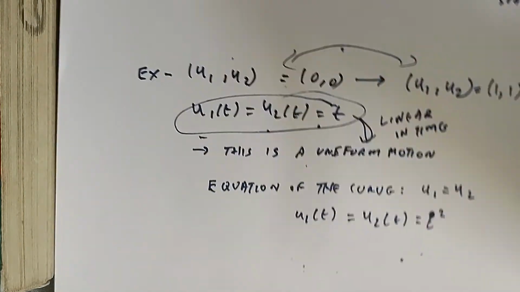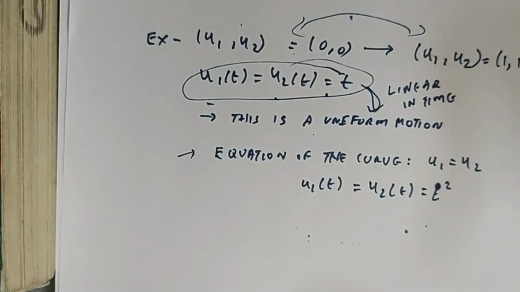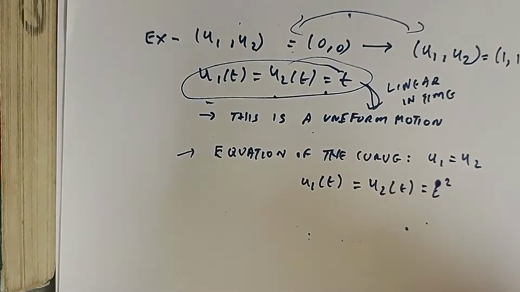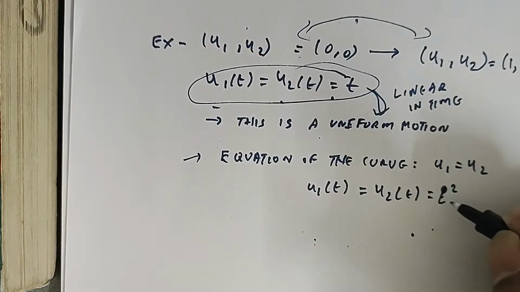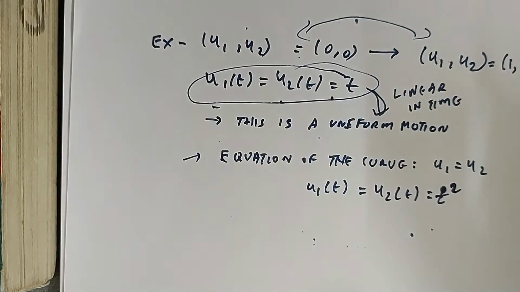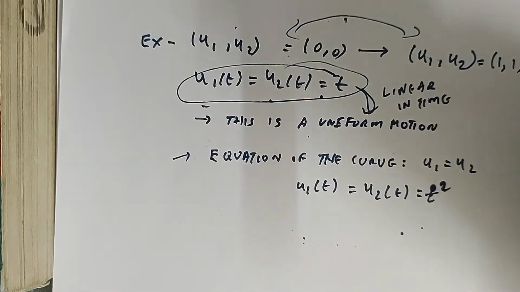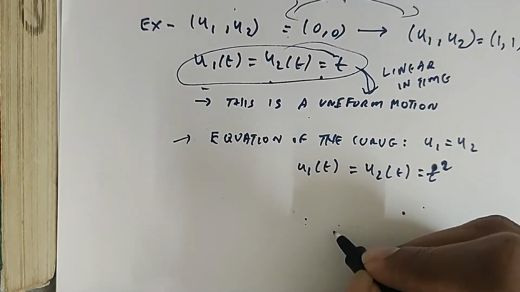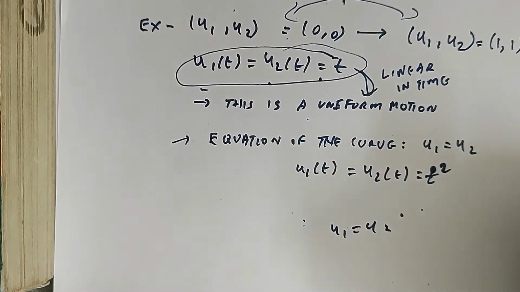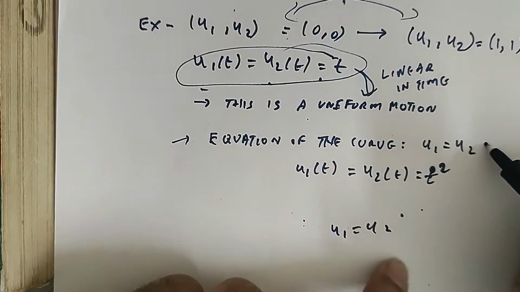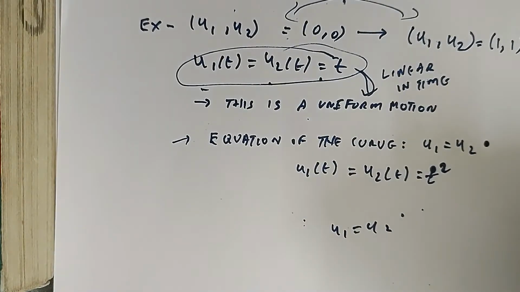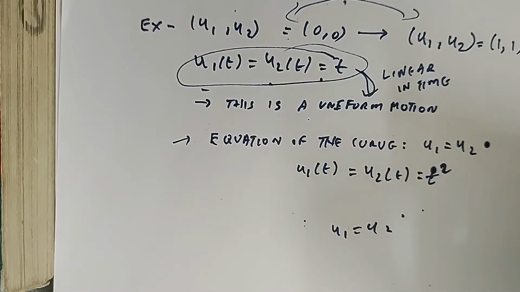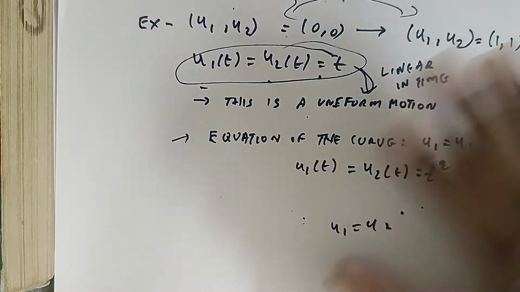But now, if I set the equation of the curve to be u1 = u2, so that u1(t) = u2(t) is the square of the time, t squared, my equation of curve will remain u1 = u2, but these two are not the same motion.